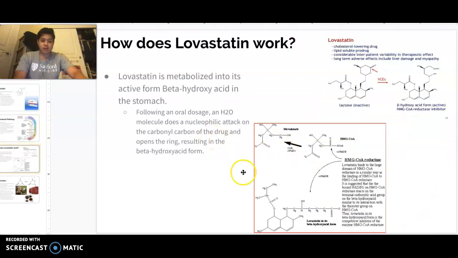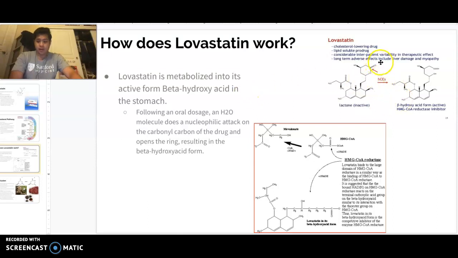So how does lovastatin work? It is metabolized into its active form, beta-hydroxy acid, in the stomach. Following an oral dosage, a water molecule does a nucleophilic attack on the carbonyl carbon of the drug and opens the ring, resulting in the beta-hydroxy acid form.